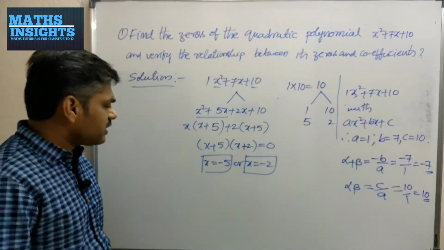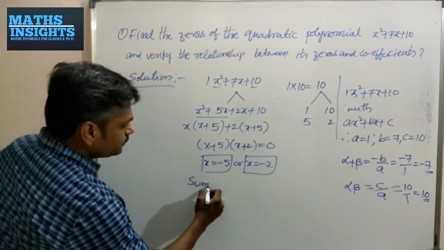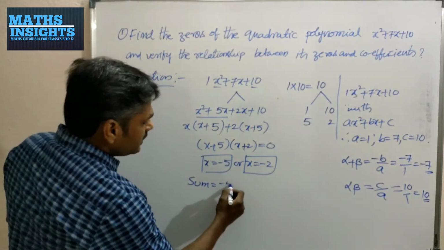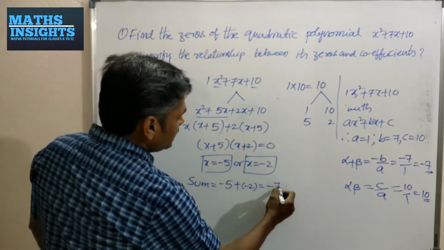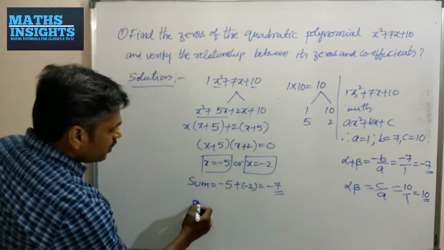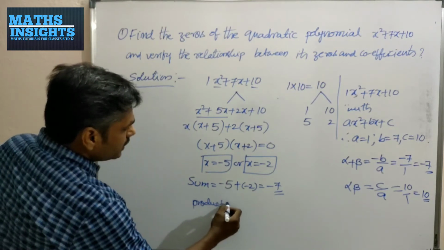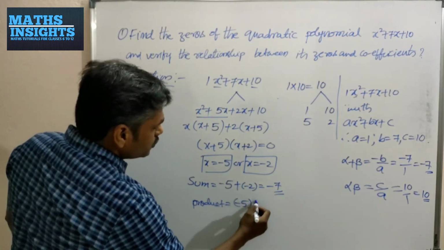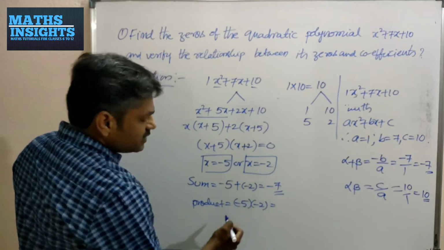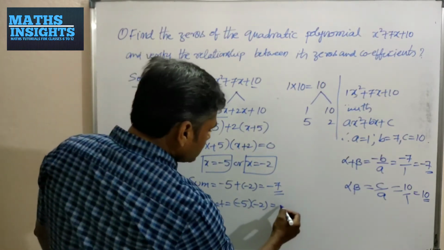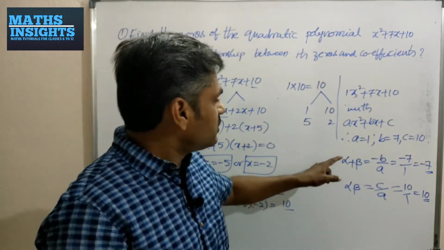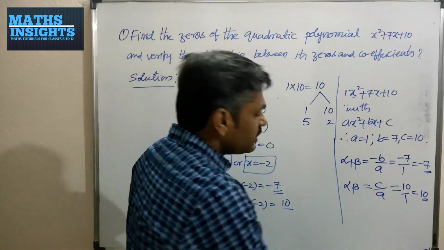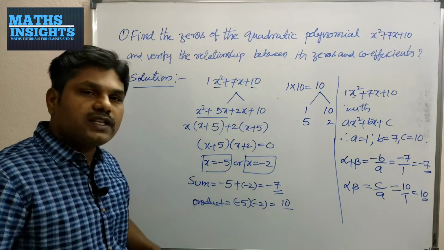Now by coming here, the sum is minus 5 plus minus 2, that is equal to minus 7, and the product is minus 5 into minus 2. See, minus into minus will become plus, 5 twos are 10. So you are getting the same values whether by using the coefficients or by splitting the middle term.